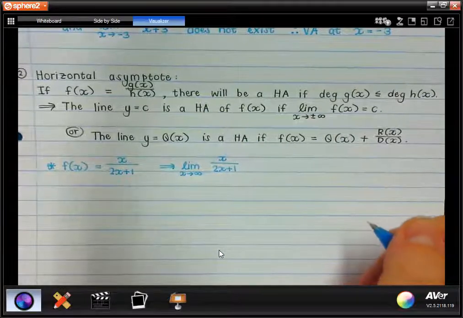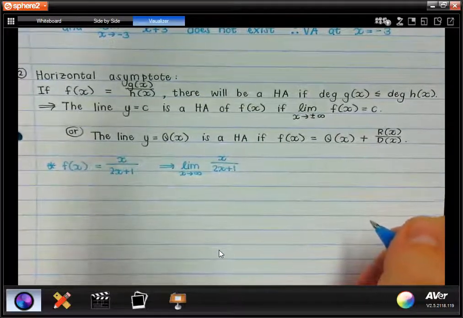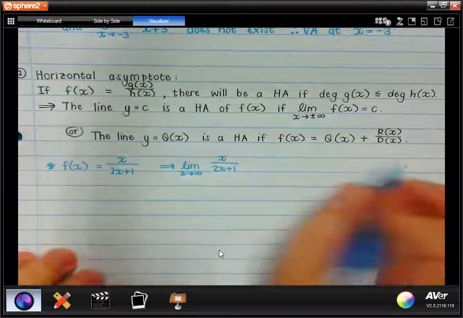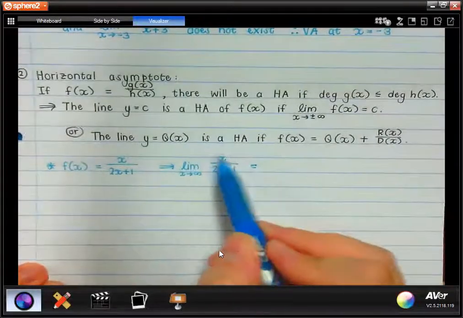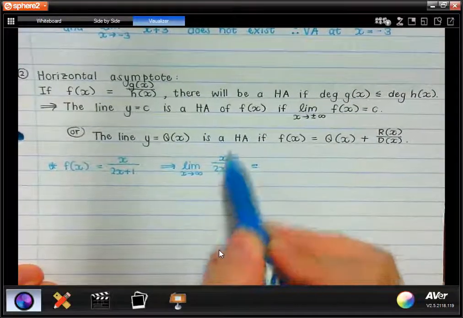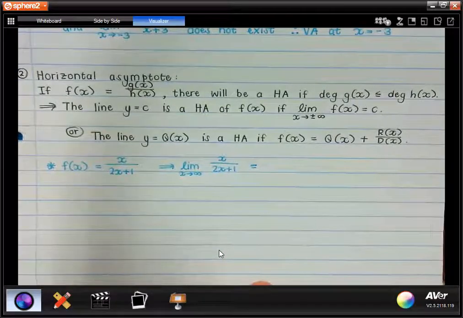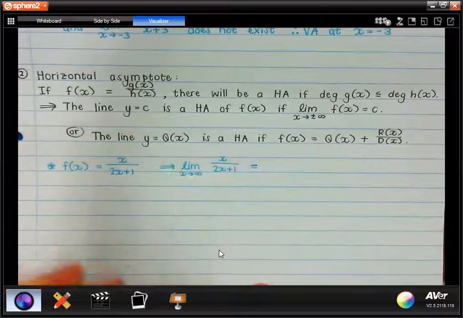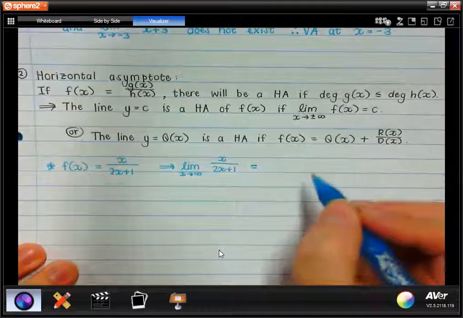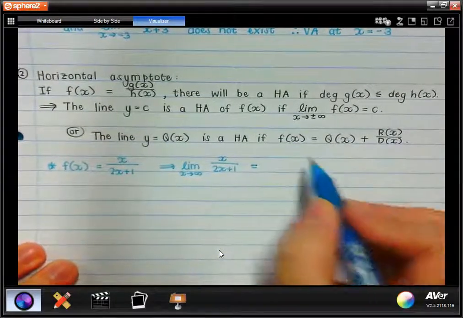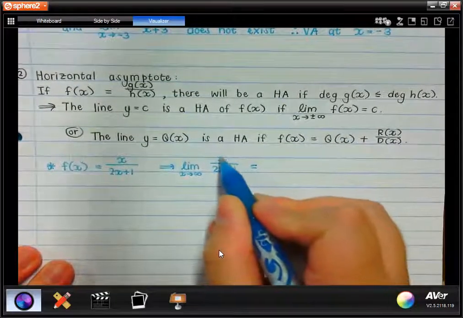Now, the way that I do it, I know Mrs. Race showed you some kind of shortcut, but from marking, I think most people did it using this method, where you look at the highest degree of x that you have, and you then divide each term by that. So here we just have x as our highest degree. If you want to use a shortcut, that's fine, you'll still get all the marks. I actually was never taught the shortcut, so I've just never used it.